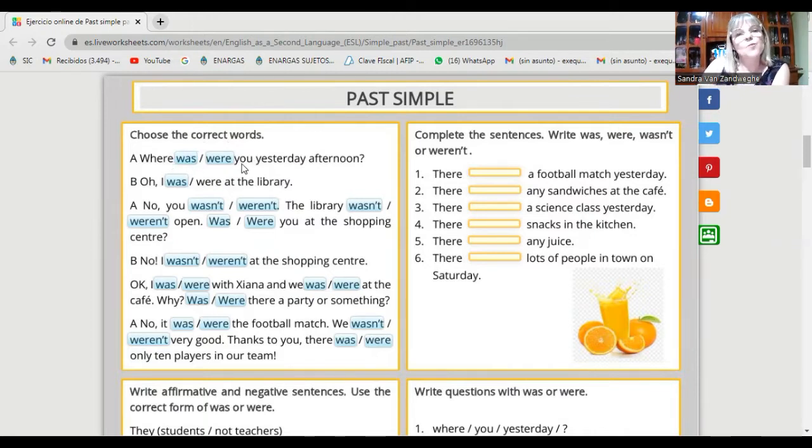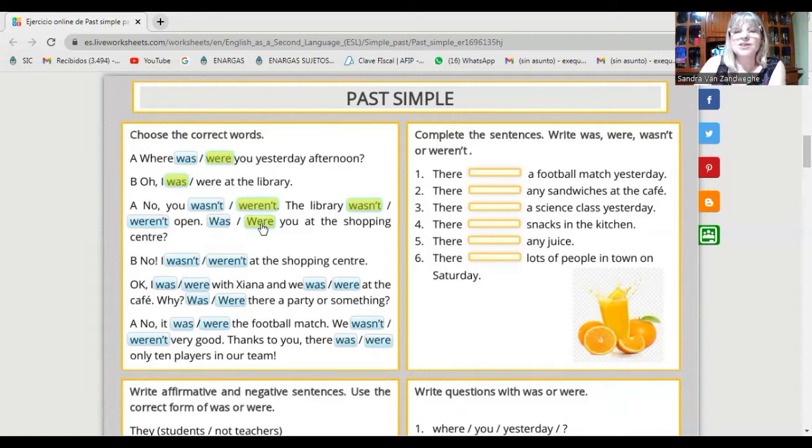Where was a word? Where were you yesterday afternoon? Oh, y pusieron, I was at the library. No, you weren't. The library wasn't open.